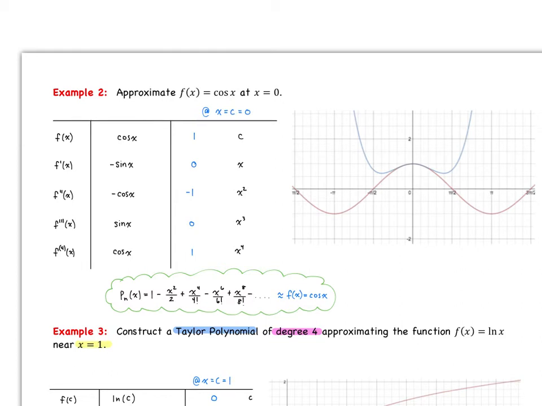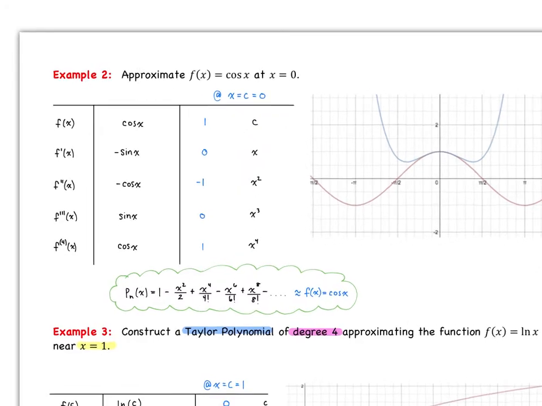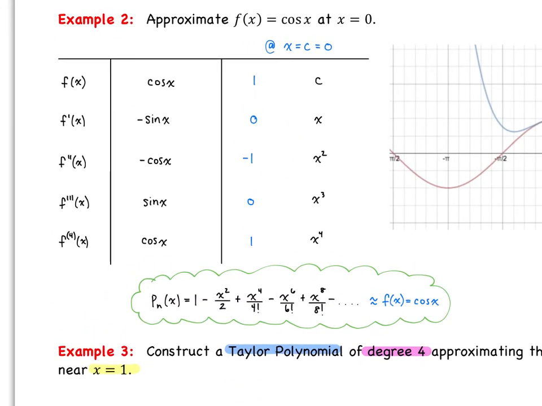So what we can do is write a polynomial approximation for the function f of x equals cosine of x. So we would have 1 minus, our coefficient is 1, so x squared over 2, plus x to the fourth over 4 factorial, using that Maclaurin polynomial, minus x to the 6th over 6 factorial, plus x to the 8th over 8 factorial, and we can continue this pattern on forever.